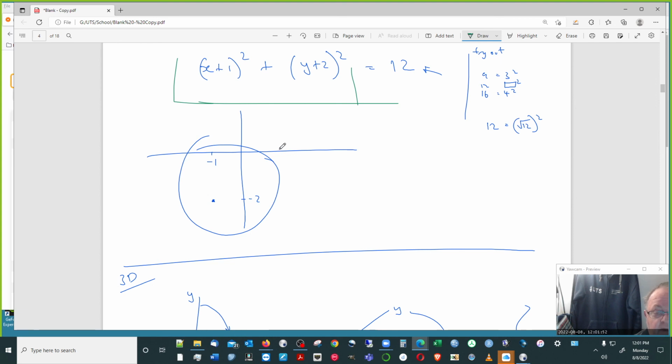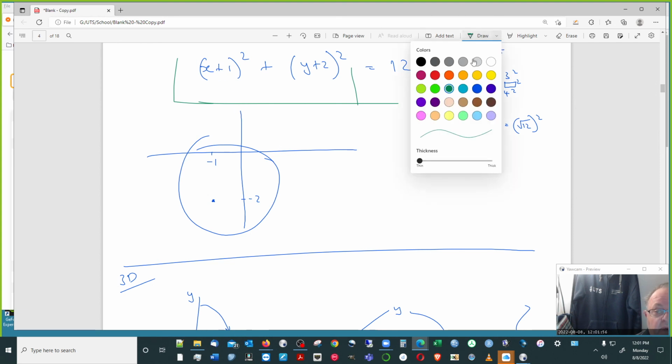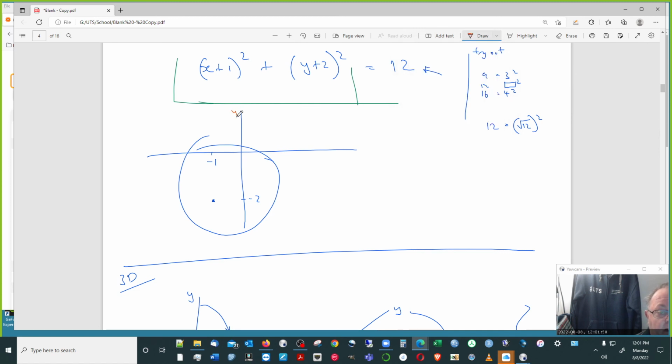So I'll do it here with this one because this is y and x. Remember what we've done here is we've pushed y and x over. So when we draw this infinite z, let's call it infinite z. So this is now conceptual, right? So what we're going to do is push y over and rotate it.